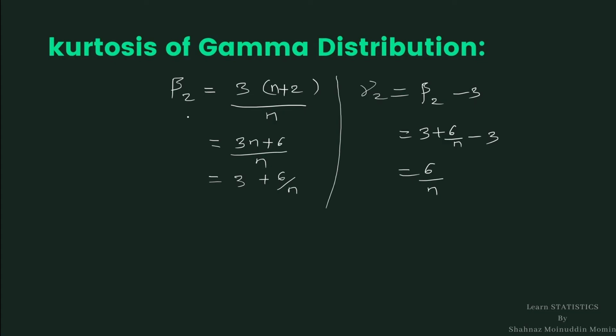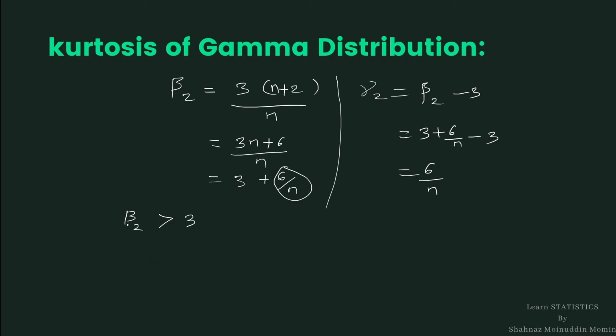By observing beta 2, we see that beta 2 is greater than 3, since this 6 by n is a positive number. Hence, the corresponding distribution is a leptokurtic distribution.